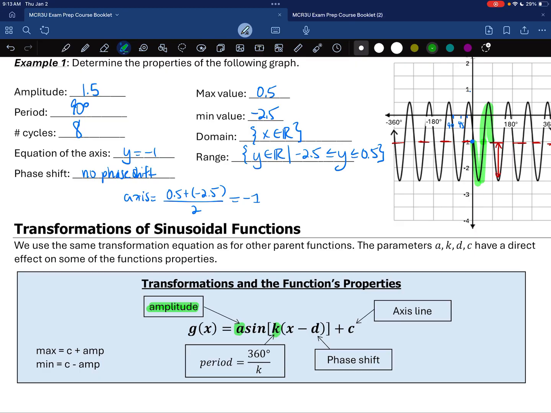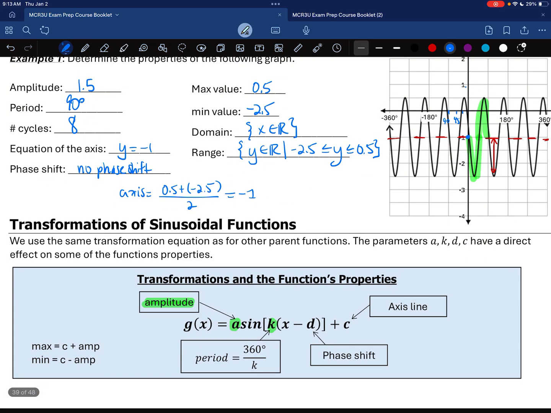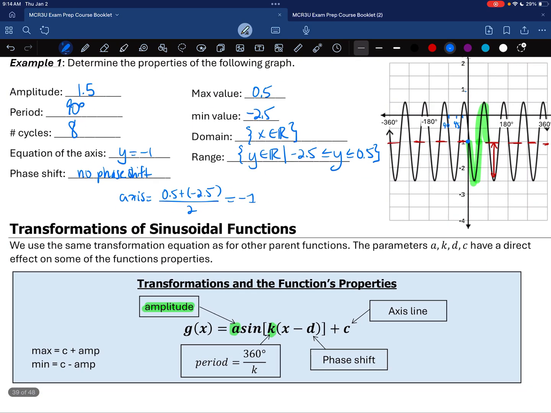The k value is that horizontal stretch or compression, and so that's going to have an effect on the period. So imagine we're stretching the period of a normal sine function. The period of a normal sine function is 360. So if I was stretching it, the k value in here would be a fraction, and remember when I flip it, that becomes my stretch factor.